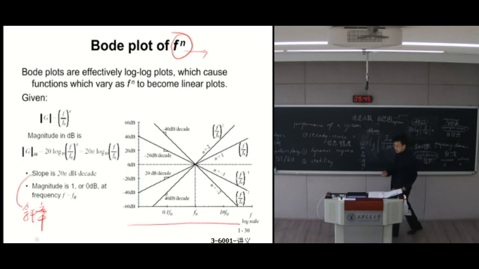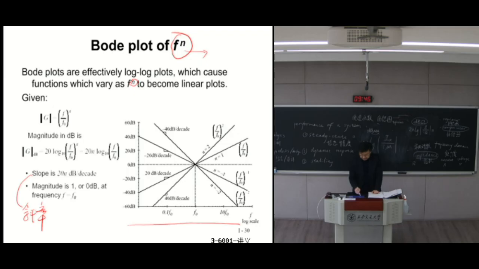And this straight line will be having different slope when this power number n is different. Somebody may say, well, why is it a straight line?